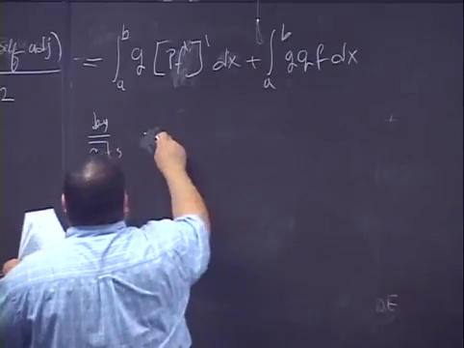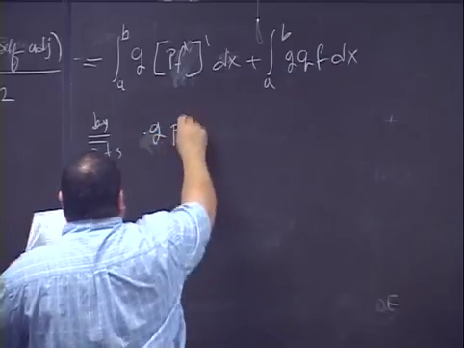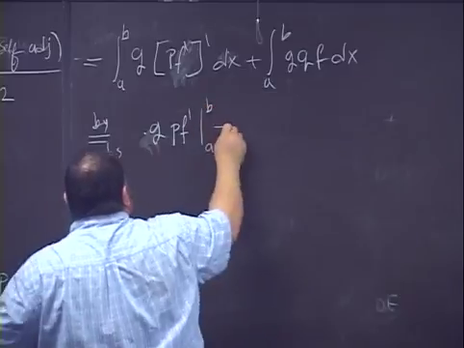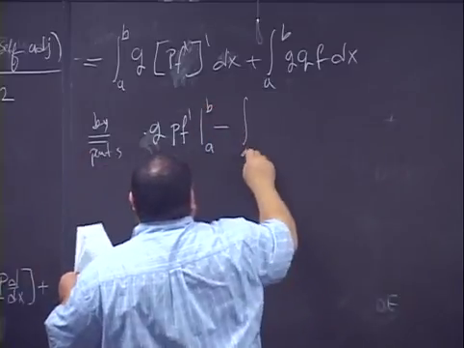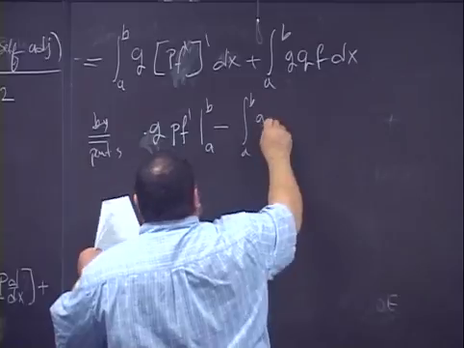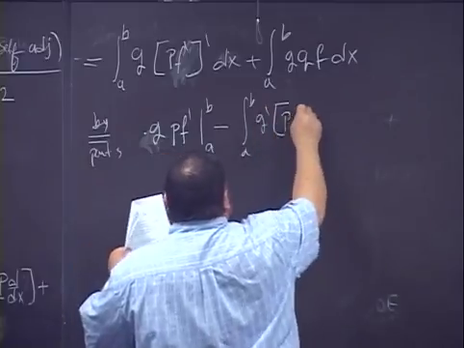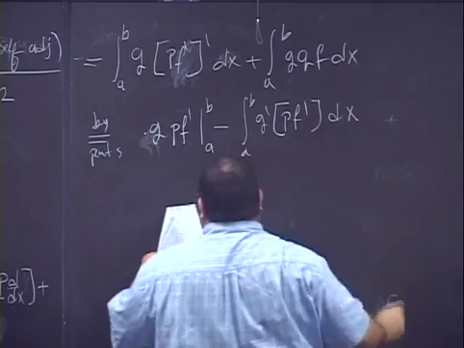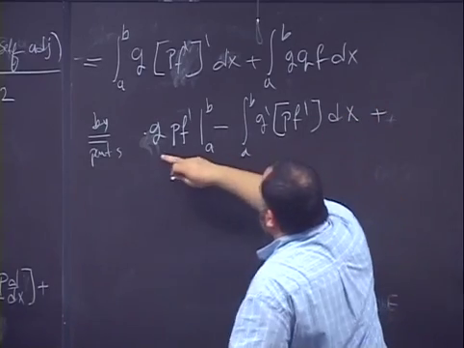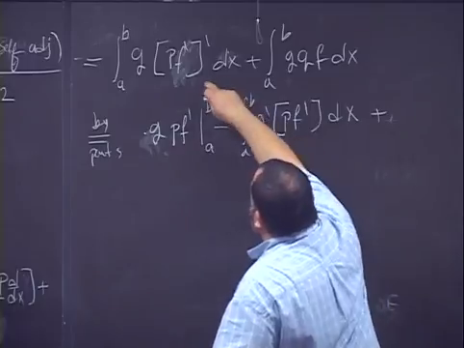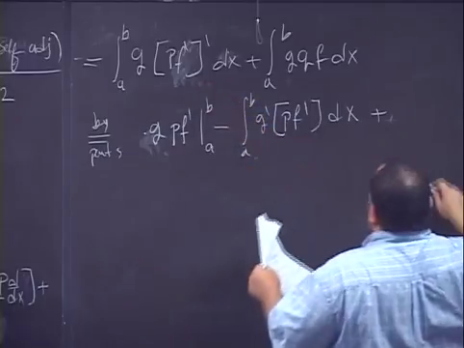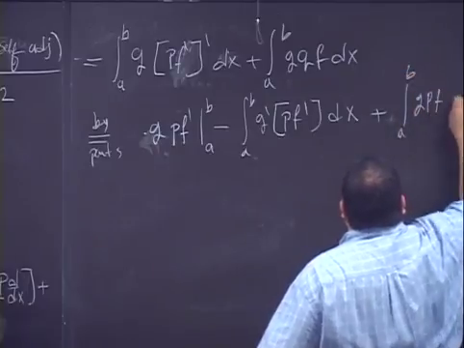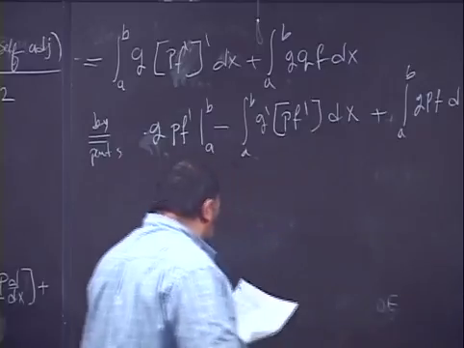This will give us G multiplied by P F from A to B, minus the integral from A to B of G prime multiplied by P F prime dx, plus the second integral, which will be the same, the integral from A to B of G Q F dx.